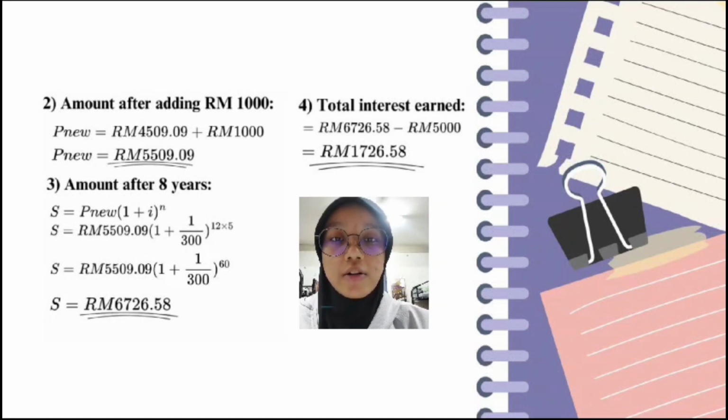We will calculate the n to get our complete calculation form. We will now have S equals 5,509 ringgit and 9 cents in a bracket 1 plus 1 over 300 with the power of 60.